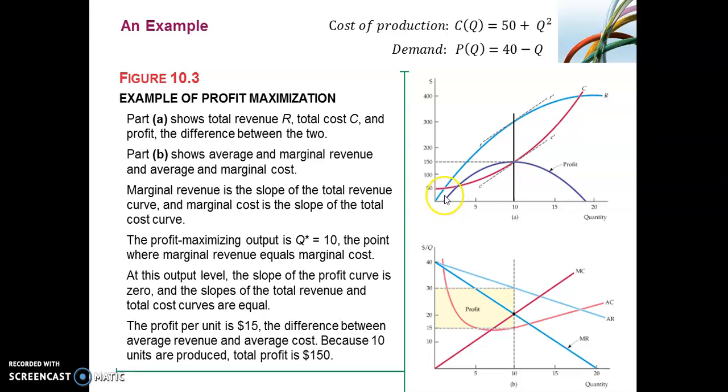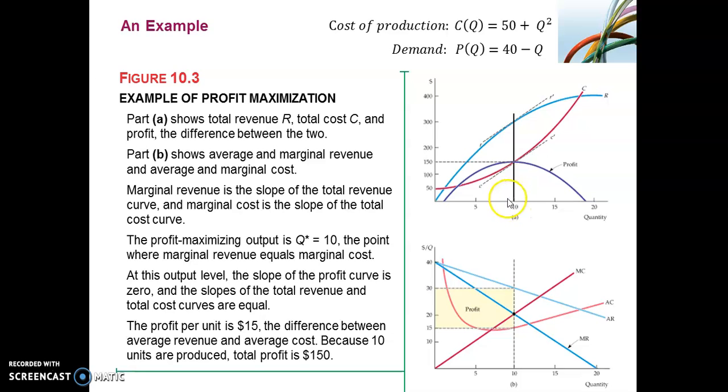But at the region where you see your revenue lying above your cost, you'll begin to see profit is positive, and it increases as the gap between revenue and cost begins to widen up to the point where this vertical distance between your revenue and your cost curve is at a maximum. That vertical distance, you can see at this point over here, profit is at a maximum.